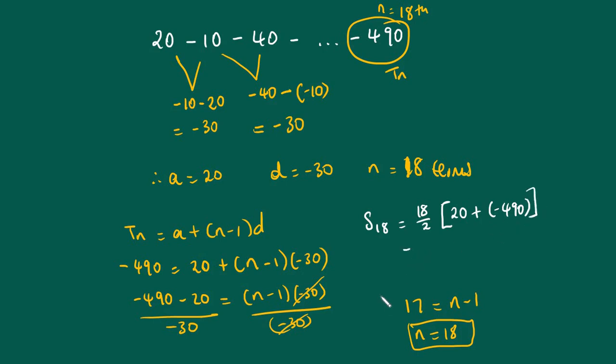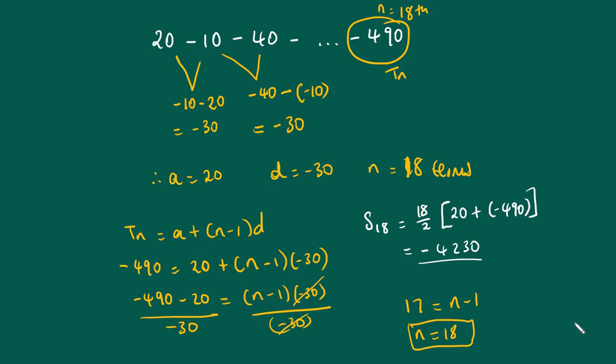Then you can put that in your calculator, 18 over 2, and then you have 20 plus negative 490, then that should give you negative 4,230. I think from this, Mr. Fatai, you can see that you can get negative as your sum. Okay, so that's what you get there.